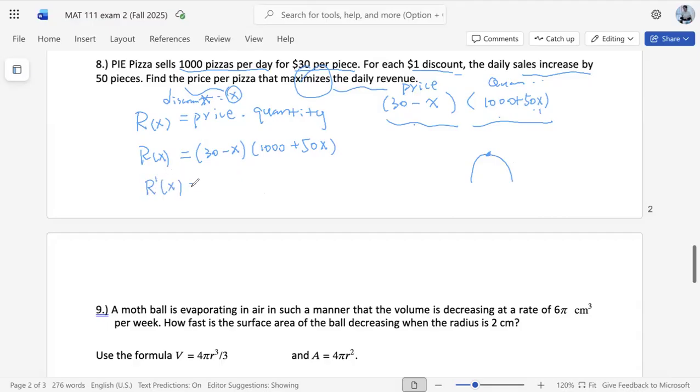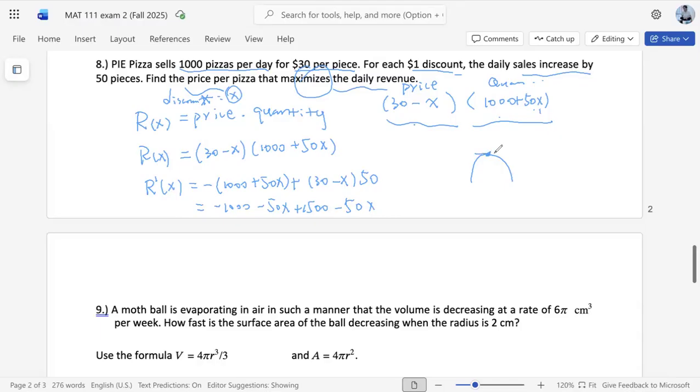We use the product rule: take the derivative of the first one, we get -1, multiplied by the second one, plus the derivative of the second one, which is 50, multiplied by the first one. Now we can simplify: -1,000 minus 50x plus 30 times 50, that's 1,500, then minus 50x.